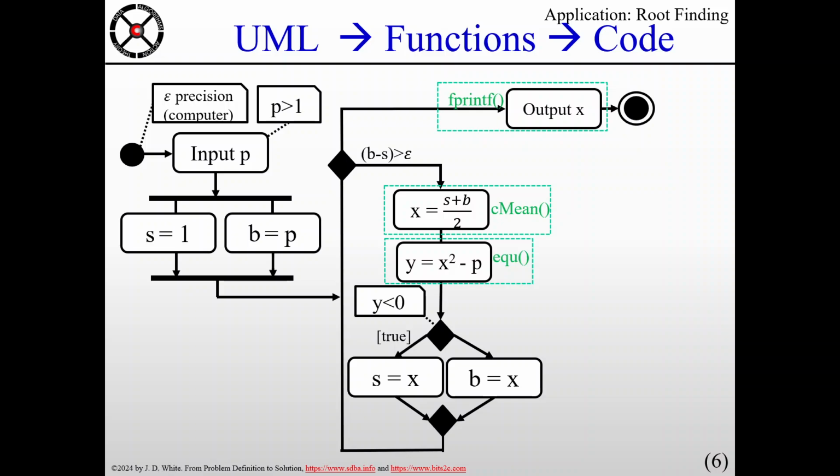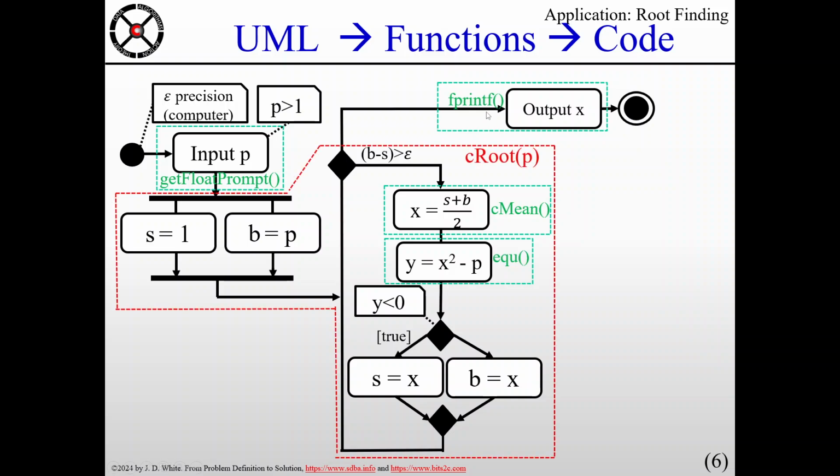So that part of the code I'm going to keep. I will use get prompt to get p, and I'll create a new function croot to call these functions. So I've done all this without coding. Okay, so this is all pre-coded.